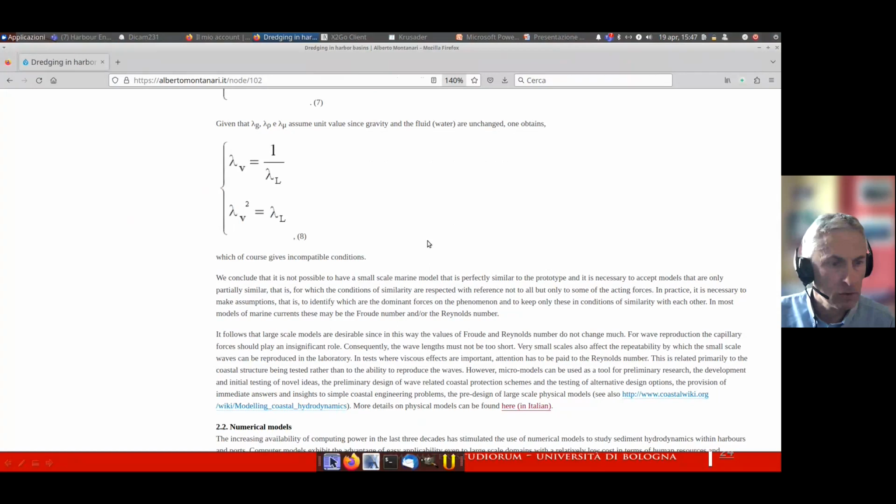How to make this verification? To make this verification, we have to identify the relevant physical quantities. We have to identify the relevant dimensionless numbers, which are as many as the number of relevant physical quantities minus the number of the fundamental quantities.